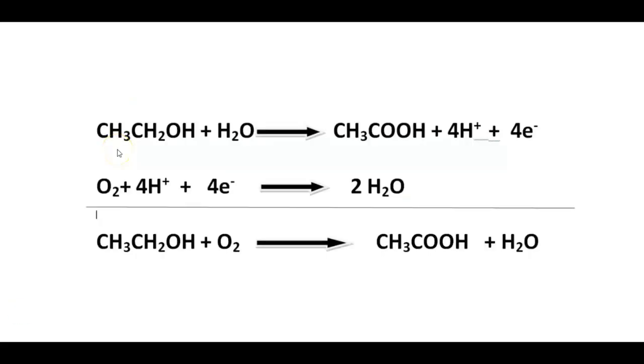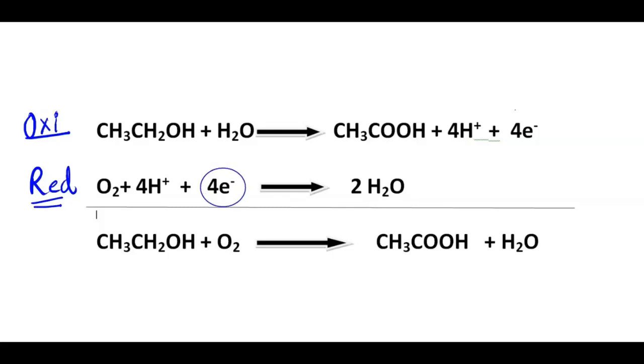So now you have the oxidation half equation and the reduction half equation. This is the oxidation half equation, which you get from the 2 oxidation equations, ethanol to ethanal and ethanal to ethanoic acid. When you add them together you get this equation, and this is the oxygen half equation, which is called the reduction half equation. Now we are going to add them together.